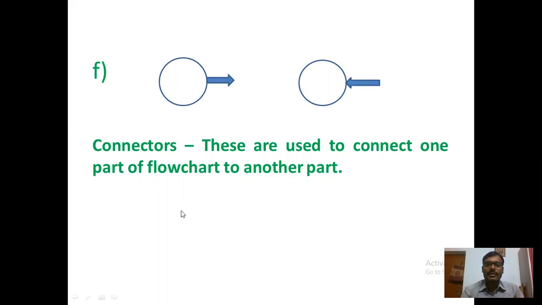These are used to connect one part of the flowchart to another part. Sometimes connector symbols are used in your flowchart when you have to connect two parts of a program together.